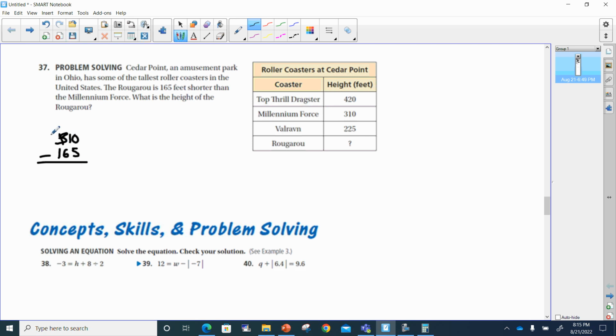I'll have to borrow 1. That'll make that 11. I'll have to borrow 1 from there, which makes it 10. And so 10 minus 5 is 5. Then 10 minus 6 is 4. And then 2 minus 1 is 1. That's 145 feet. So the answer is 145 feet.